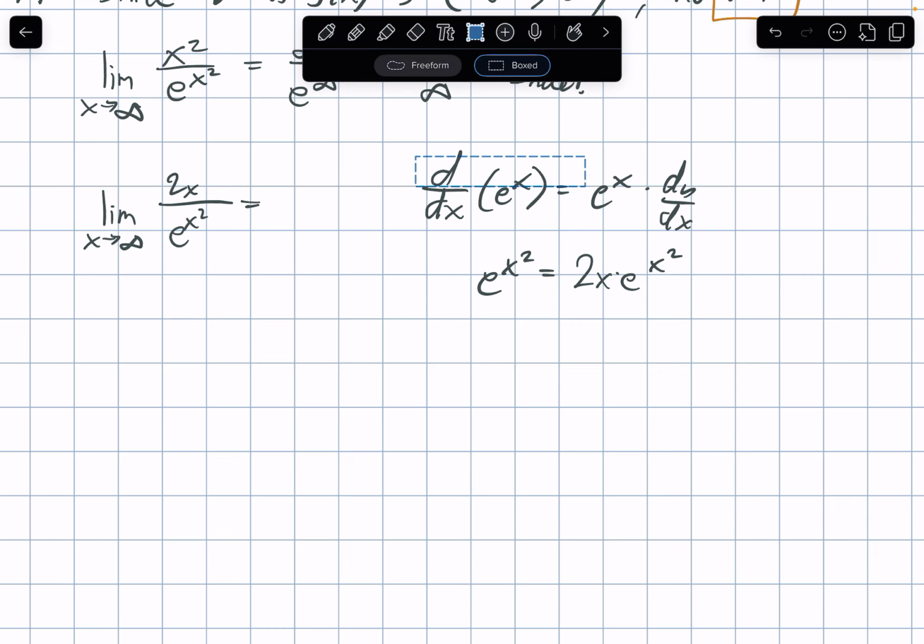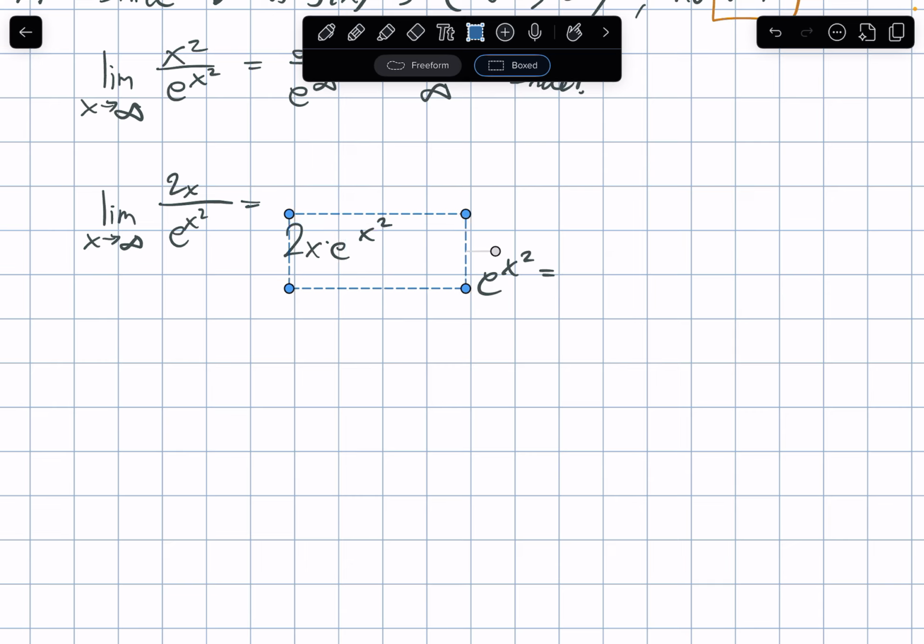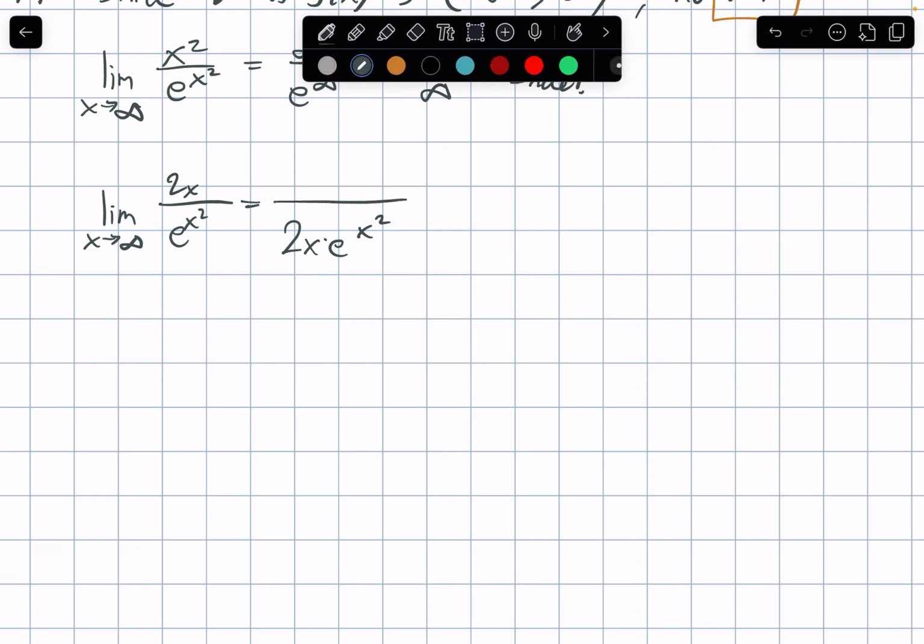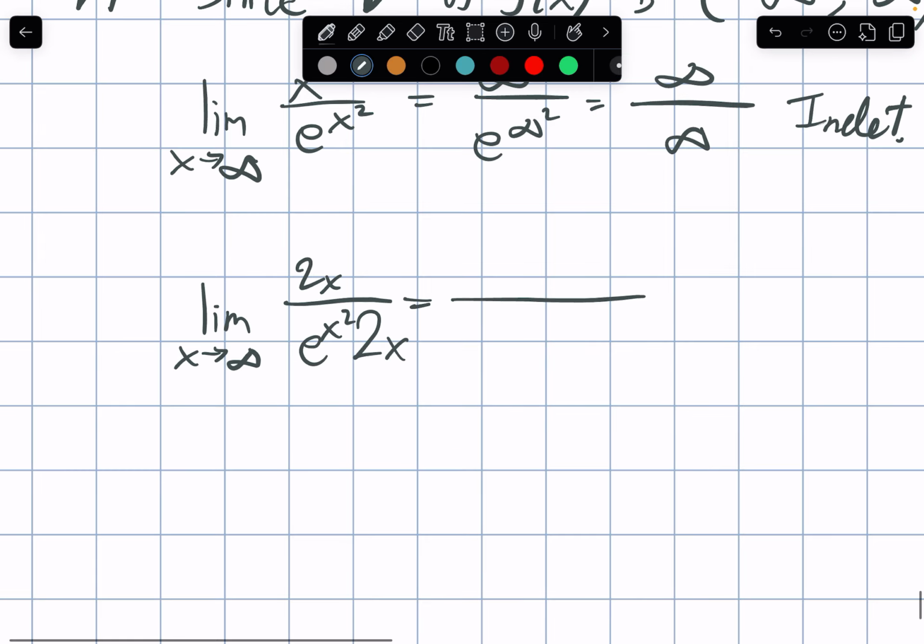Okay, I think that's it. So that's the derivative for the numerator and the denominator.